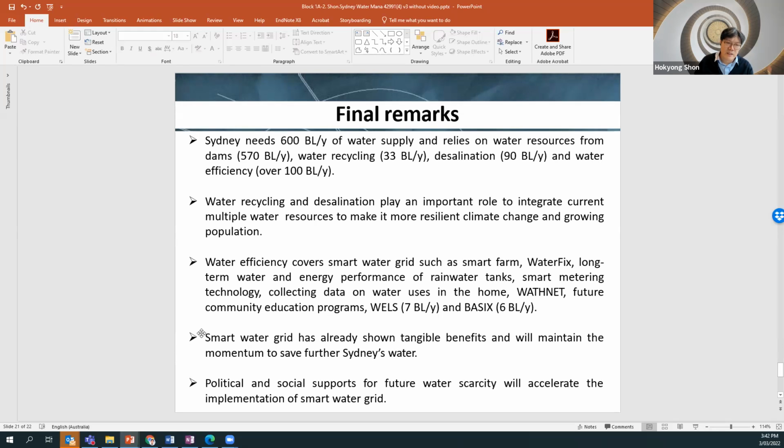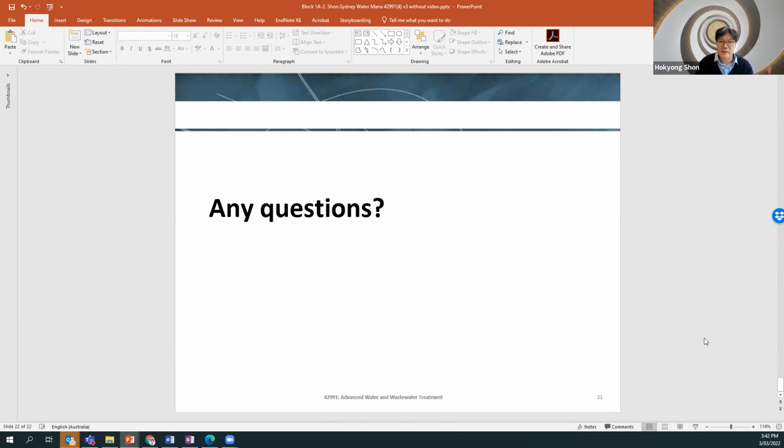And the smart water grid has already shown tangible benefit and will remain the momentum to save for Sydney's water. Political and social support for future water security will accelerate the implementation of the smart water grid. So that's all about Sydney Water history, challenges, and the future.